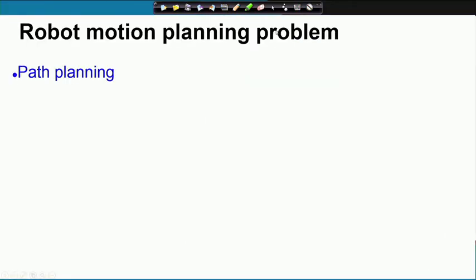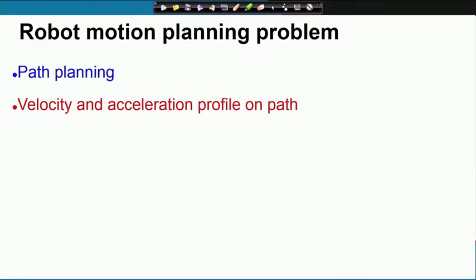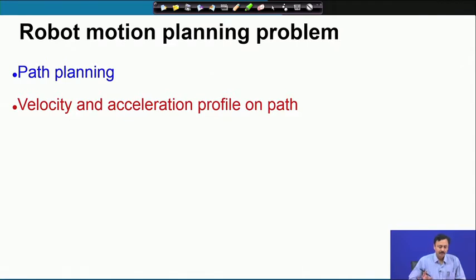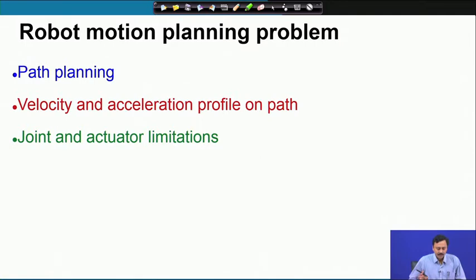So, we have looked at the path planning problem. Once you have the path which is planned based on obstacles that might be there, you plan a path of the end effector, you determine the velocity and acceleration profile on the path. You may have joint and actuator limitations.